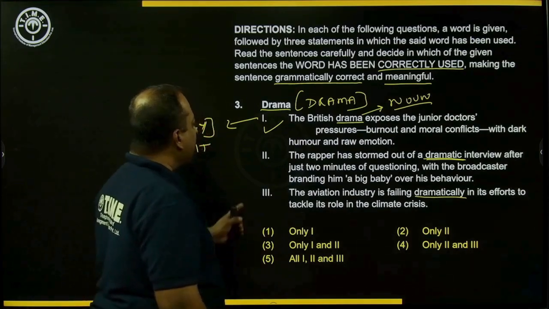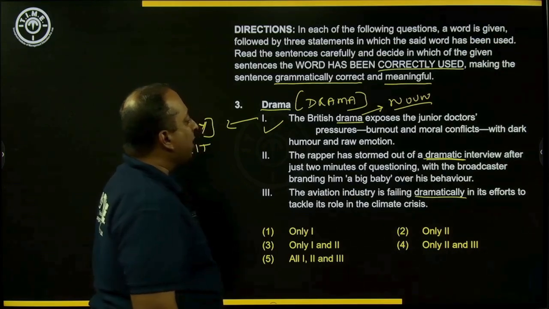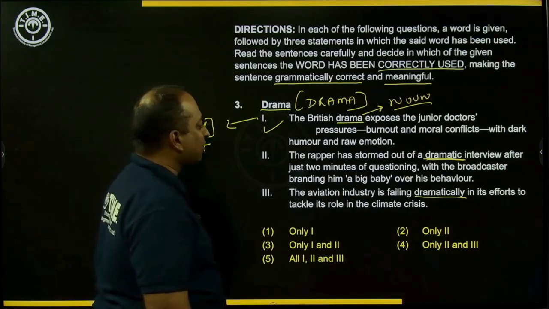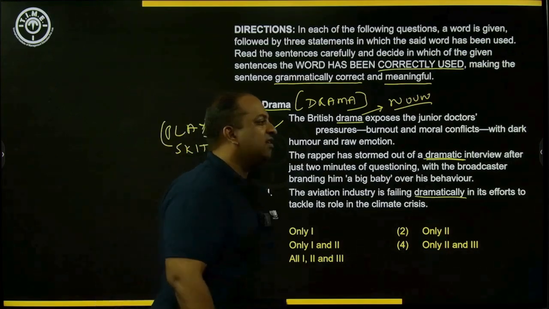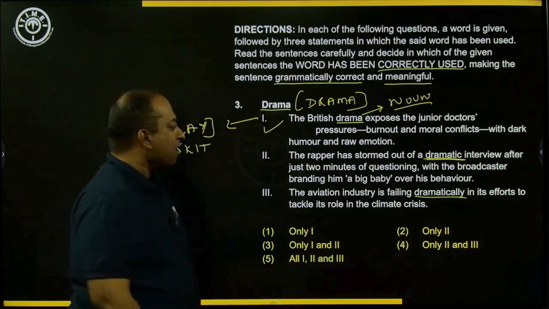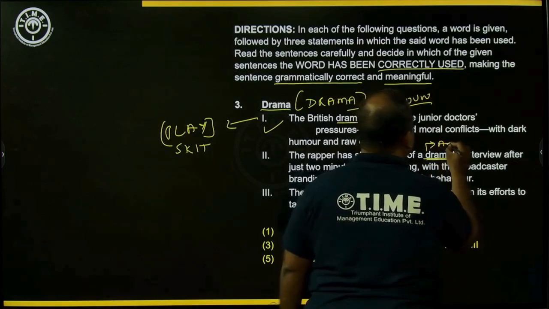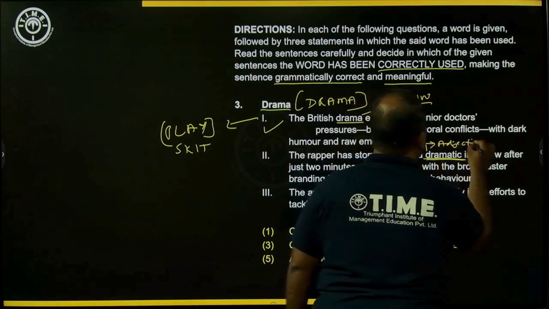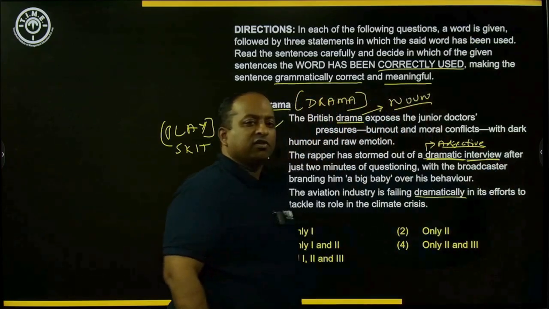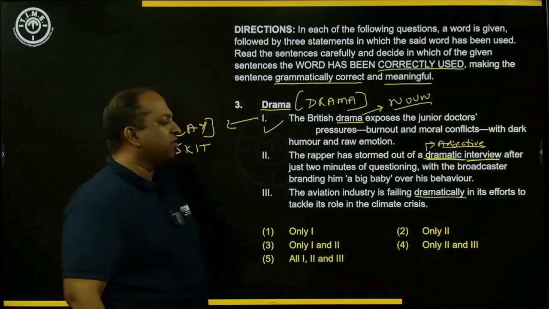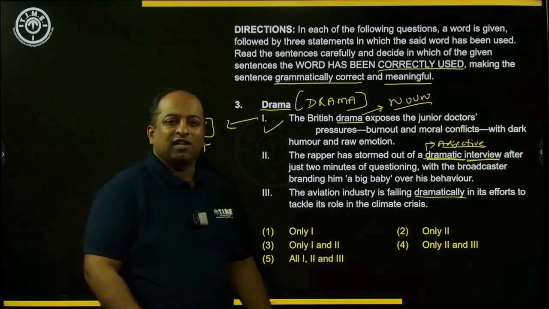Now let's look at the second statement. The rapper has stormed out of a dramatic interview after just 2 minutes of questioning, with the broadcaster branding him a big baby over his behavior. Right. So here the word dramatic is being used as an adjective to qualify the interview. So dramatic interview means something which is very intense, sensational interview.